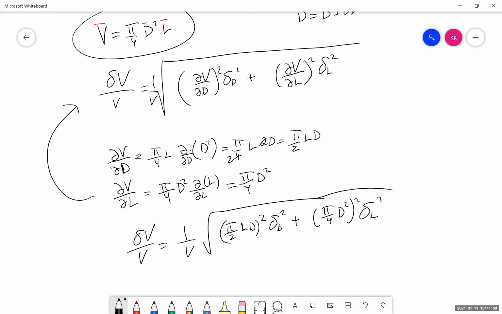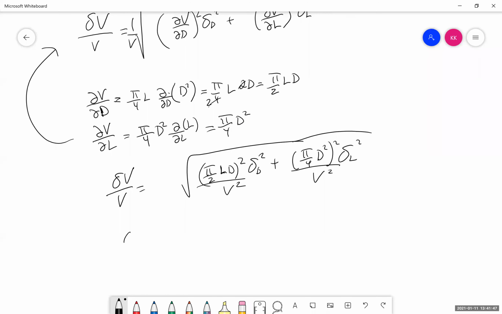Now I can incorporate 1 over V inside, so it becomes 1 over V squared, which then allows me to rewrite the absolute value of delta V over V as equal to the square root of... See here, all those quantities are squared, so I can say it like this.